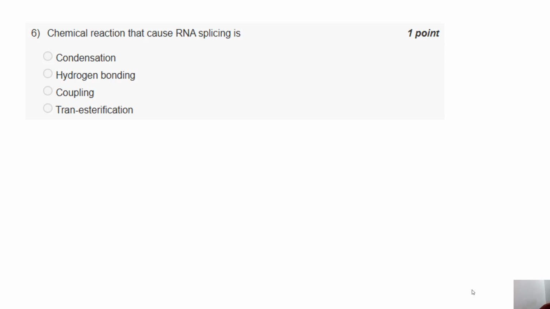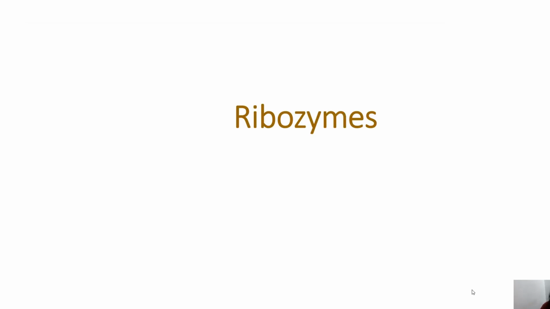The right answer to this is transesterification. Before moving on to the answer, we'll discuss the background a little bit. We have talked about ribozymes in most of the previous classes.